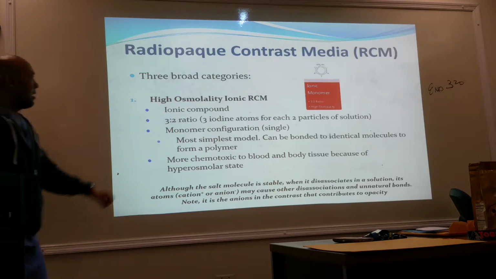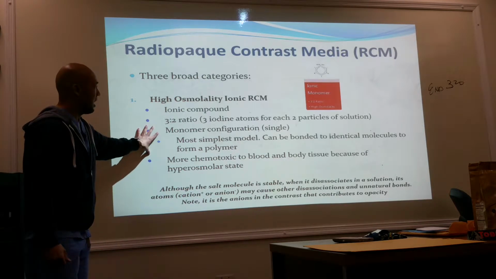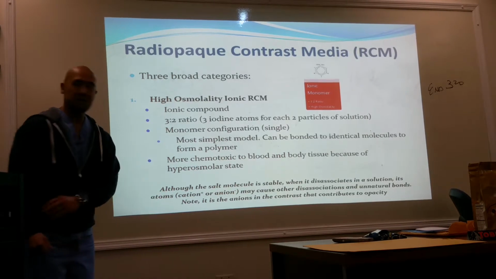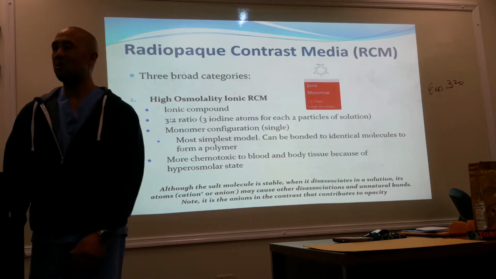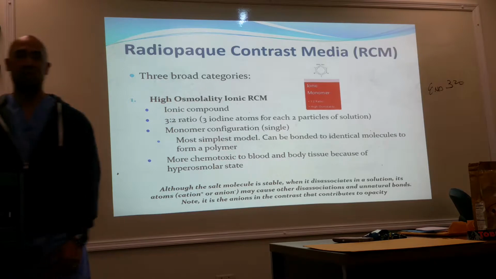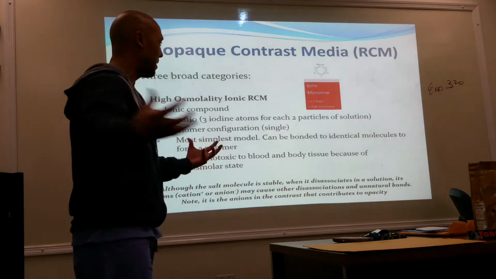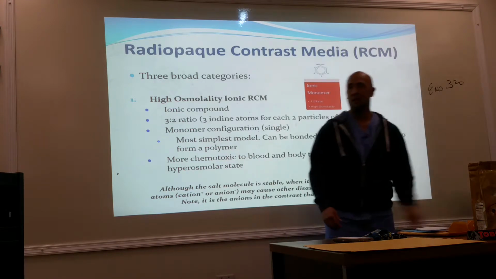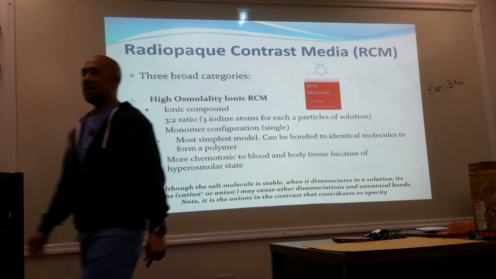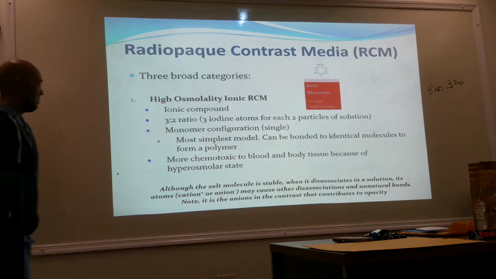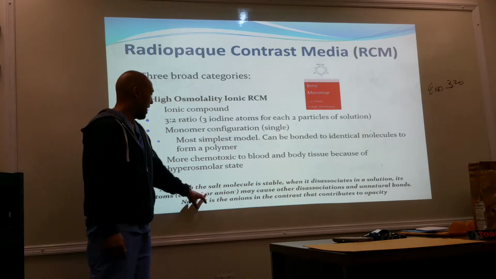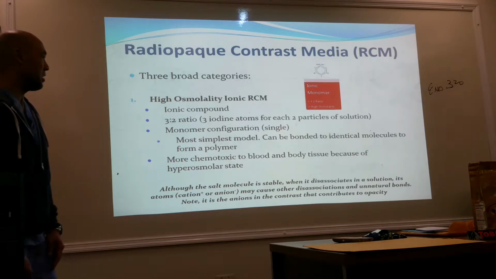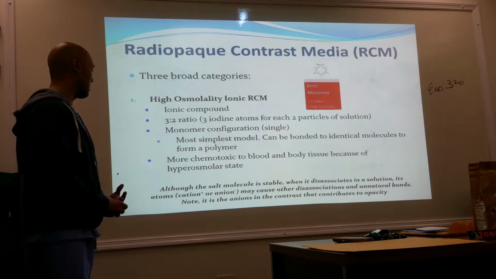Now, remember what we said, iodine is a salt. So when we look down here, it says that although the salt molecule is stable, when it dissociates, remember it splits up, in a solution such as blood, its atoms, either cation or anion, may cause other dissociations and cause unnatural bonds.